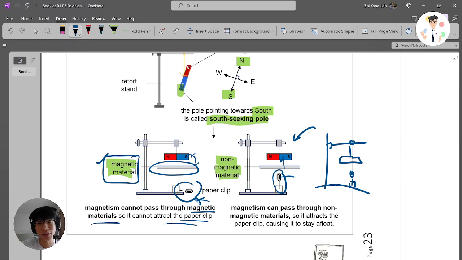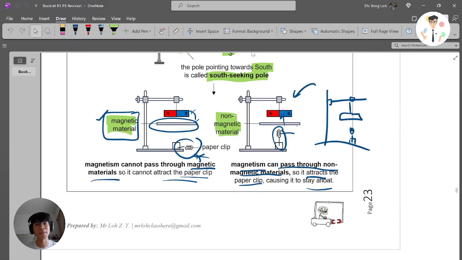That's why magnetism can pass through non-magnetic materials, and it can attract the paper clip, causing it to stay afloat. It works the same way if I don't have anything here, because it does not affect anything, and that is basically the idea of magnetism here. Okay, so I hope you learned something, and thank you. See you. Bye bye.